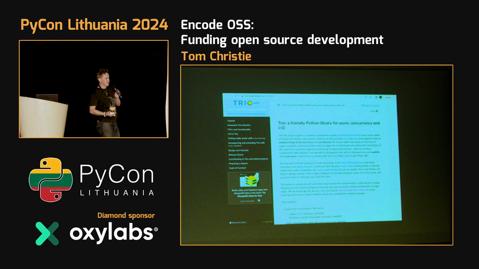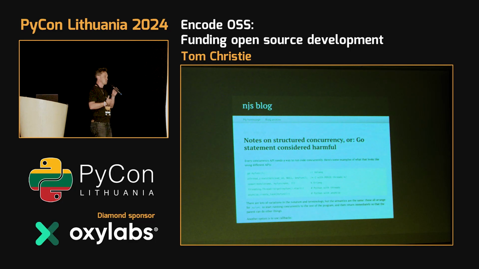Trio has been authored by Nathaniel J. Smith, and I'm not advocating that you should necessarily use this, but I will say it is an objectively more designed system than async I/O. Nathaniel had a set of really valuable insights around structured concurrency and wasn't working with the same constraints that the Python core team were, and has been able to deliver a concurrency library that really gets all the fundamental primitives of how these things should look right.